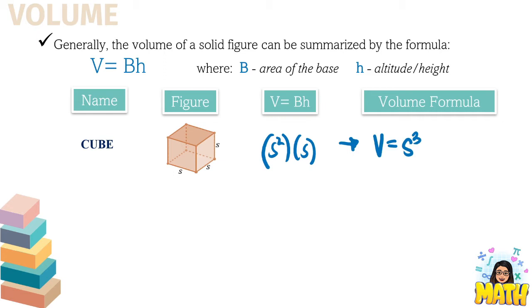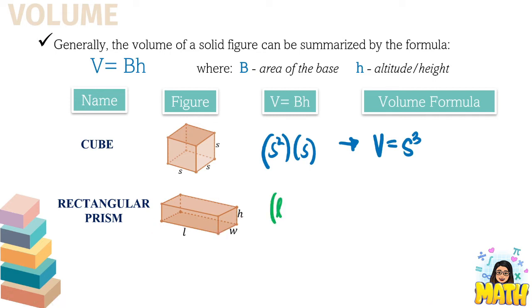The volume of a cube is equal to the cube of its edge. For the second one, we have a rectangular prism. The base here is a rectangle and has the area length times the width, and the height is still represented by letter H. Therefore, the volume of a rectangular prism is equal to length times the width times the height.